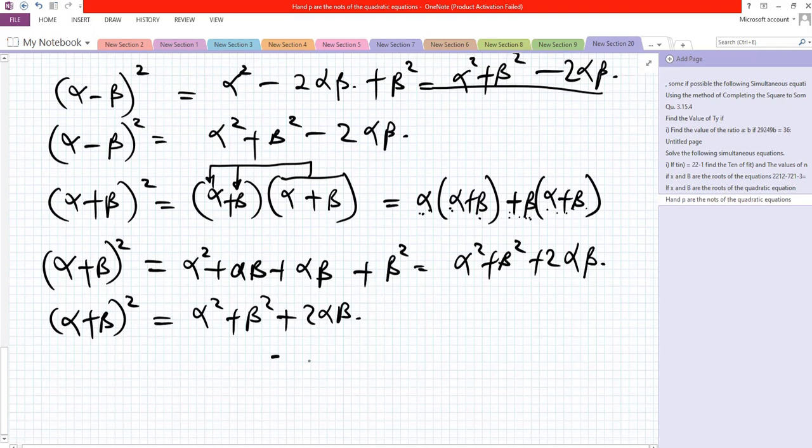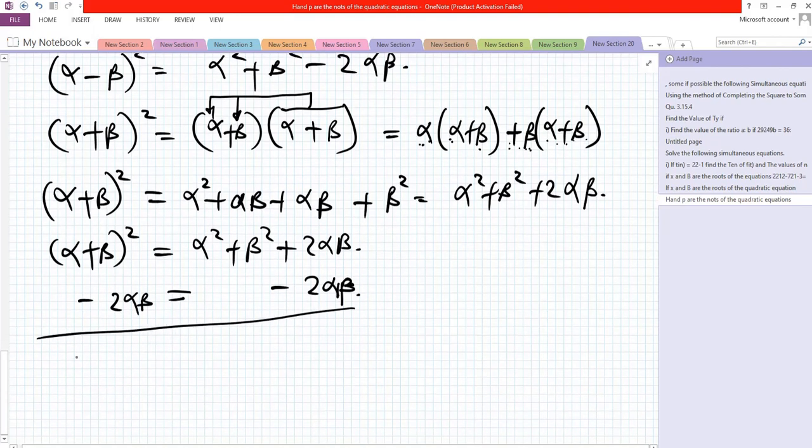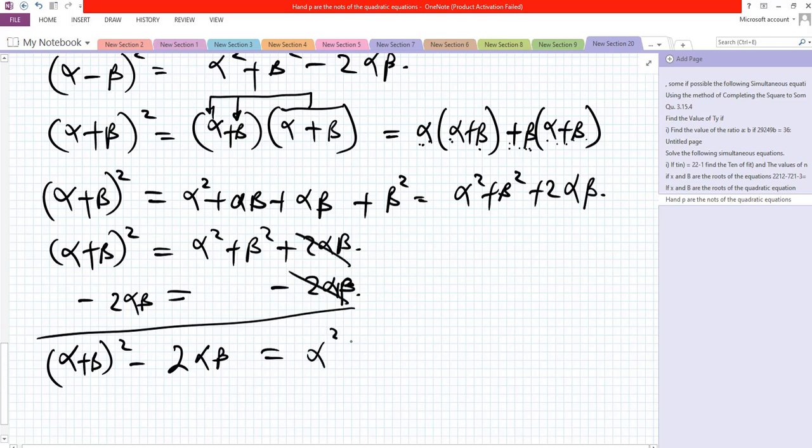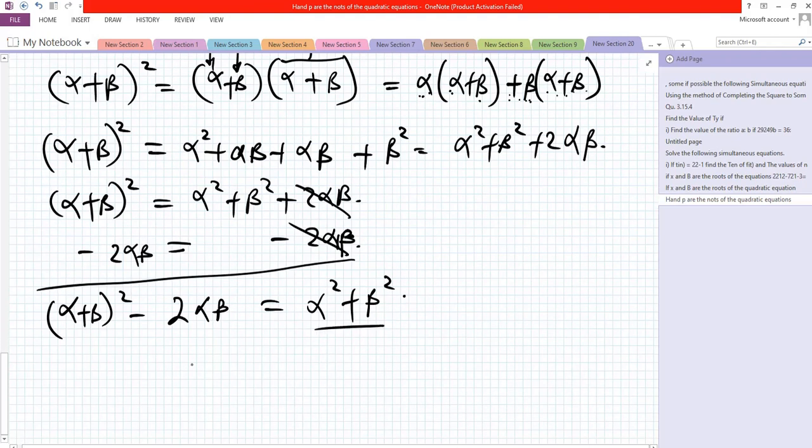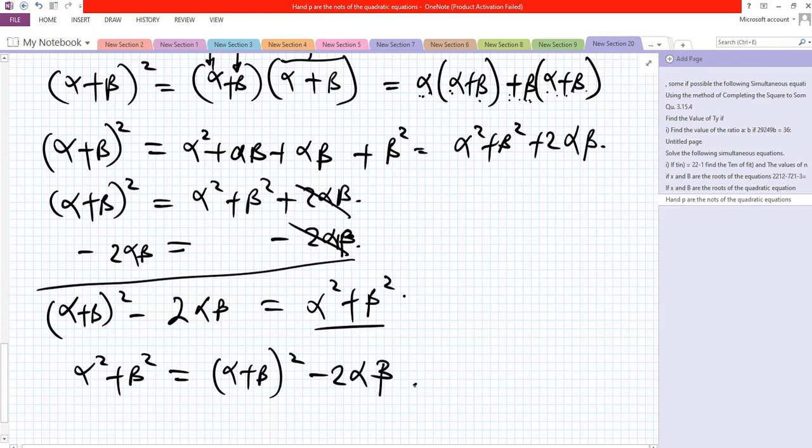Now if we subtract 2 alpha beta from both sides, we now have alpha plus beta all squared minus 2 alpha beta, which is equal to, this one cancels on this, you have alpha square plus beta square. So we have gotten this, which is alpha square plus beta square equal to alpha plus beta all squared minus 2 alpha beta.